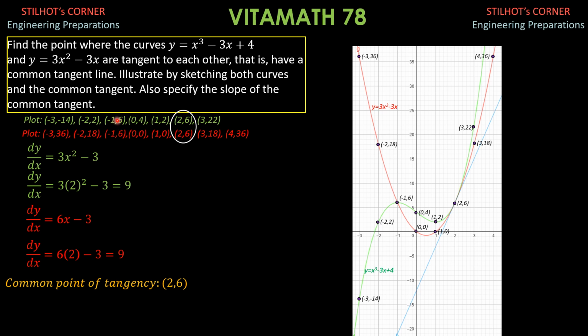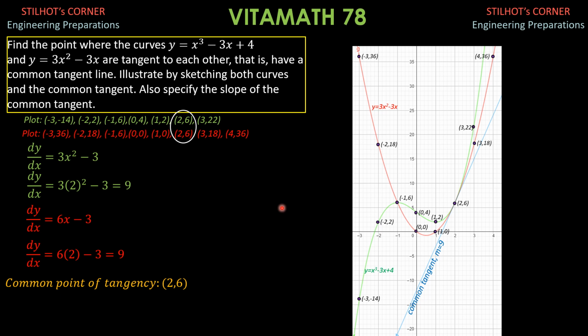There's also negative 1 comma 6, but as shown in the figure, it's the point of intersection, but we cannot draw a line that is a common tangent there. It is tangent only at 2 comma 6, which is a smooth curve as shown in the figure. So let's now specify the common tangent with slope of 9.